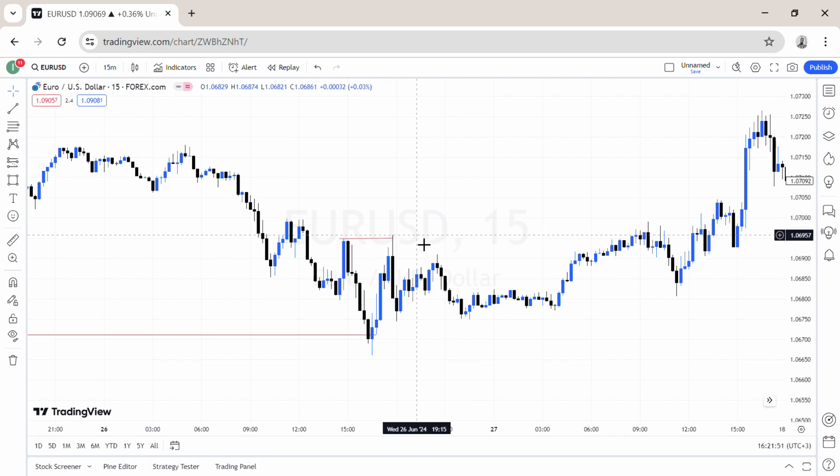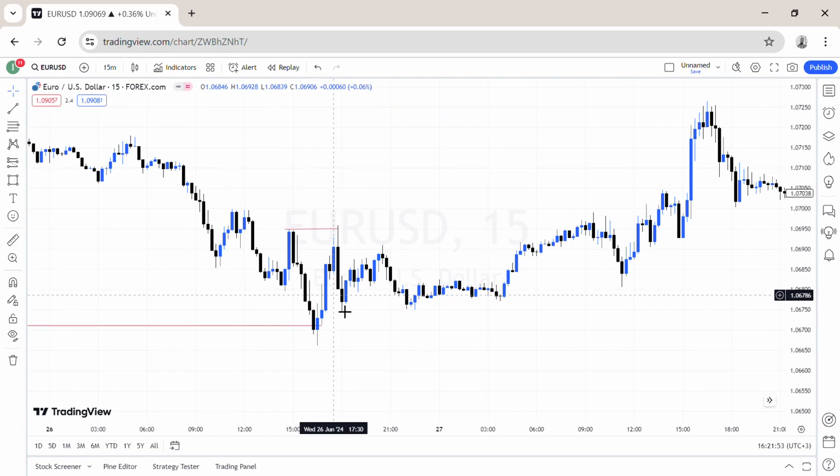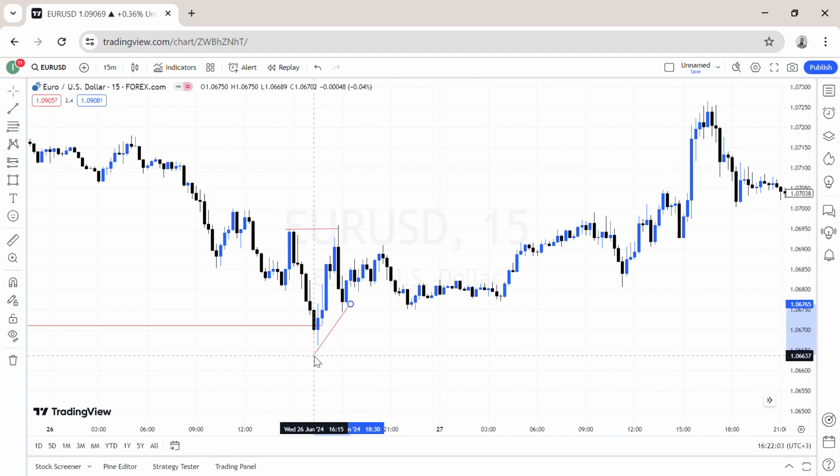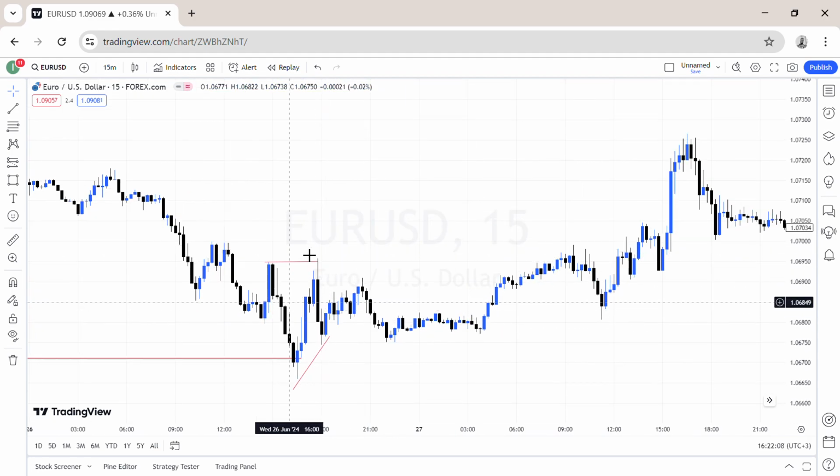Now, this wave, we can see that it failed to trade below this previous low. So there was a failure swing. This is another indication that the price, or the sellers, are weakening.